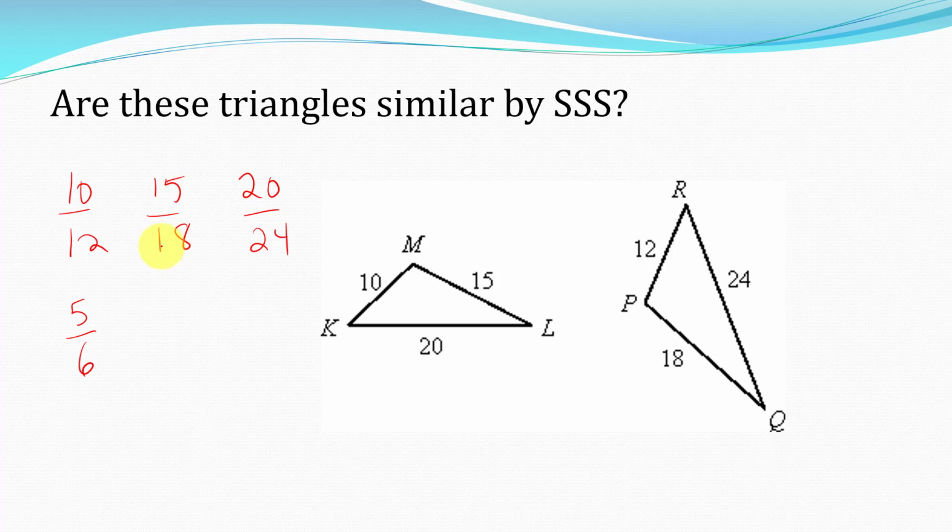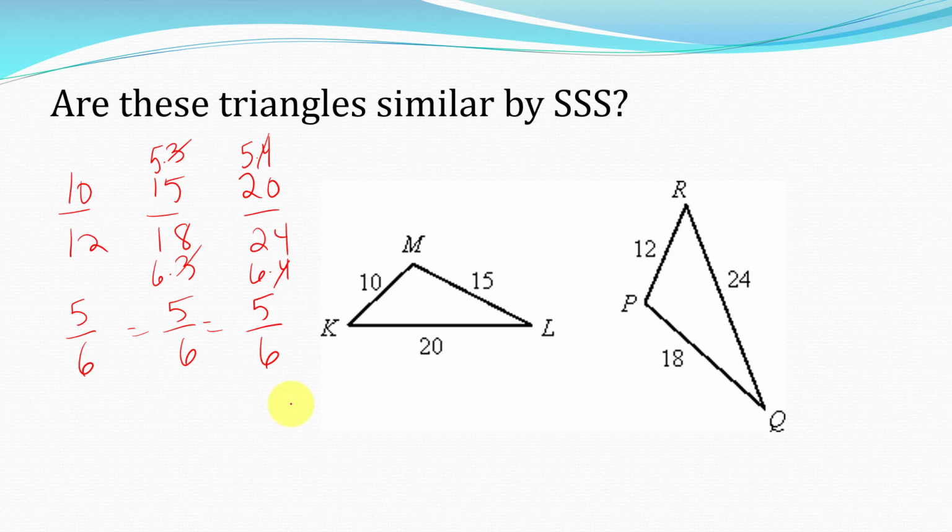I could say this is 5 times 3, this is 6 times 3, so that is 5 over 6, reducing the 3's. I could say this is 5 times 4 is 20, 6 times 4 is 24. Reduce the 4's, and this becomes 5/6. So by reducing the fractions, I can tell that these are all proportional.